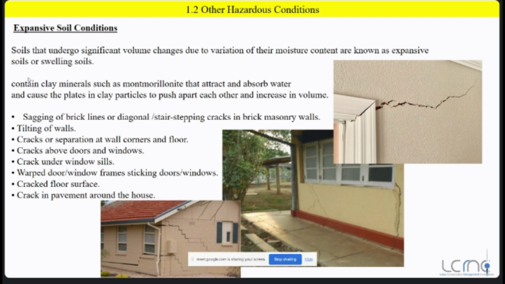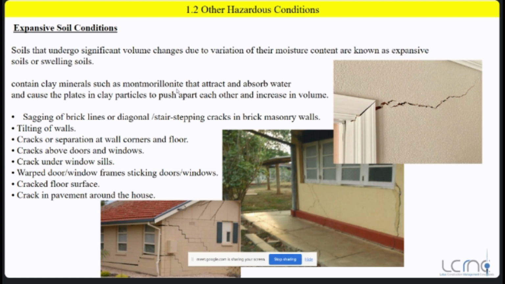If you notice that kind of expansive soil, what will happen? There will be sagging of brick lines. Can you see these images? There are many cracks in the walls, and if you have an opening, you can have many diagonal cracks. These are significant signs if you have expansive soils underneath your structure.